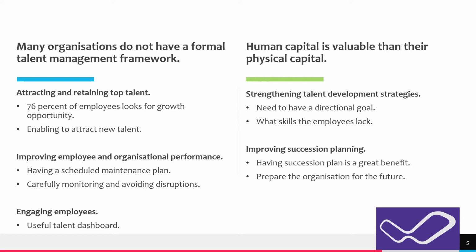Next, improving succession planning. Many organizations lack succession plans altogether, so having one alone is a great benefit. Making it a part of the talent management framework will give direction, help identify talent gaps, and prepare the organization for a better future.